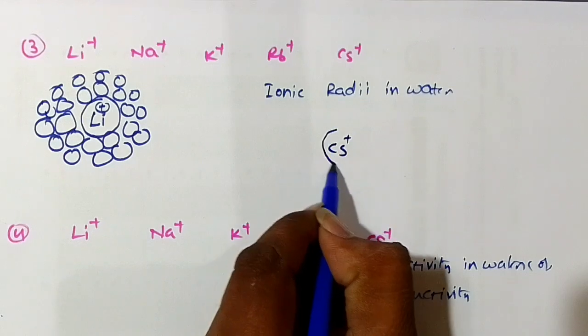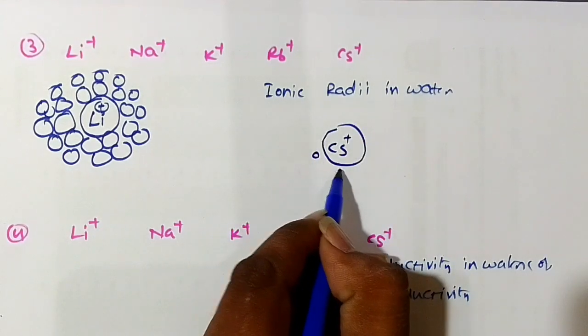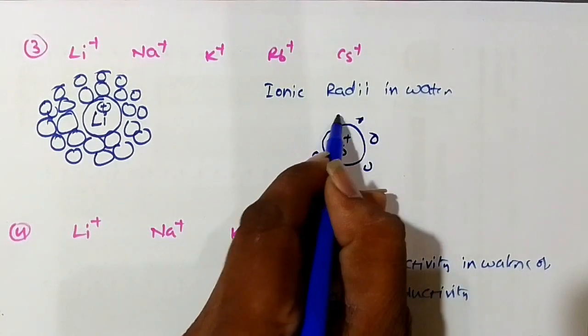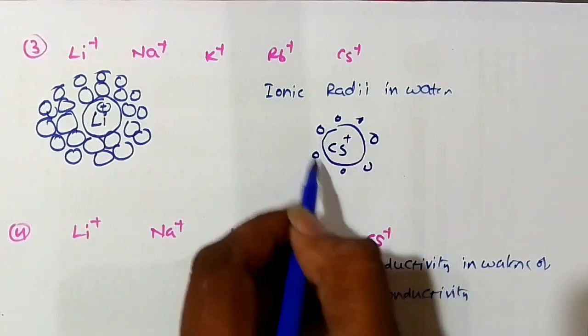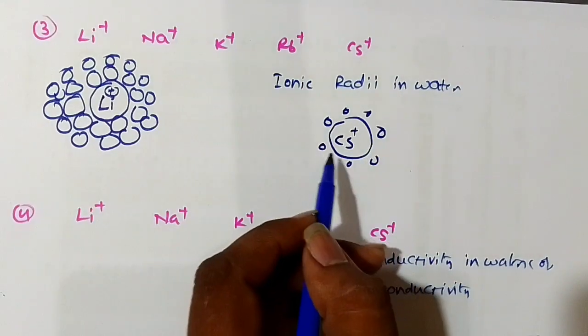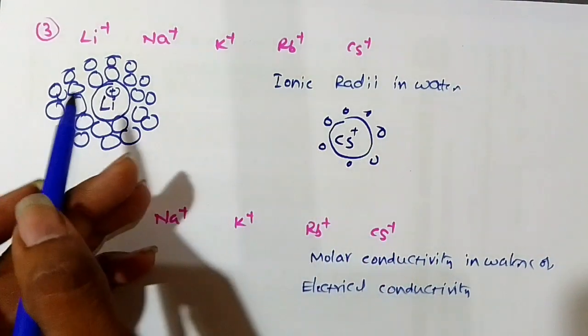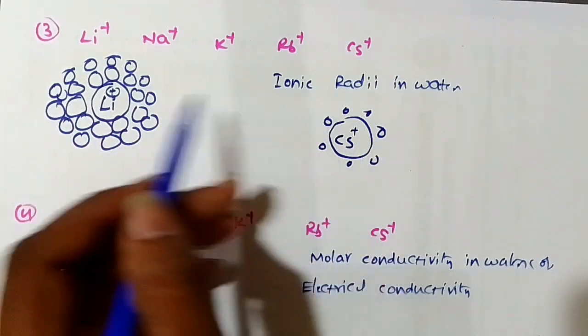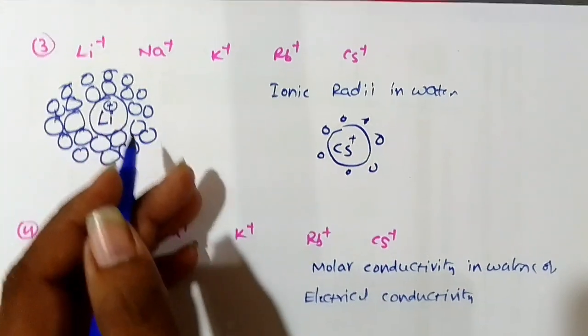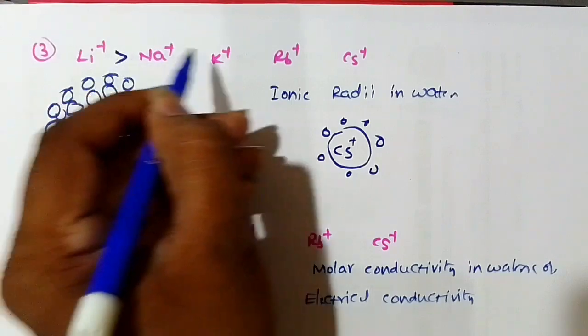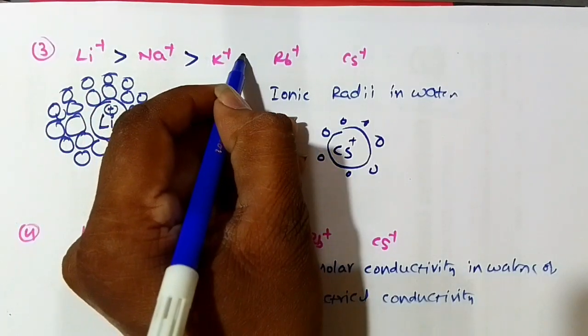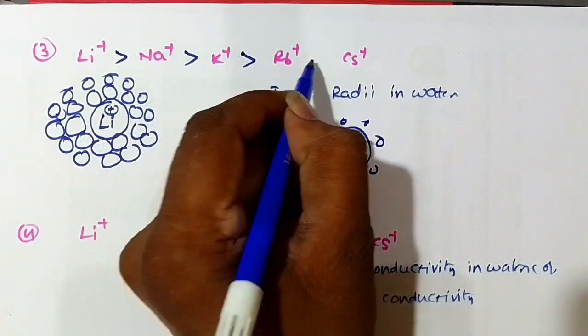That's why it cannot attract water molecules as effectively, and the size does not change. Now when we are moving from lithium to cesium, the ionic radii in water decreases.